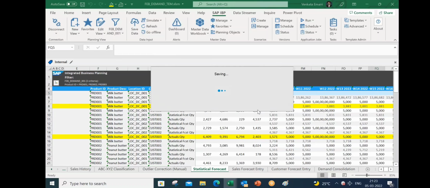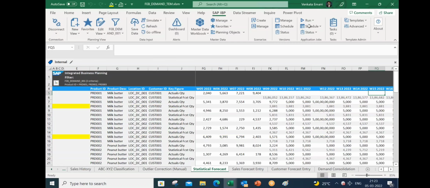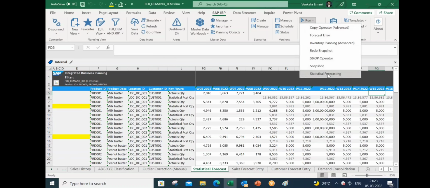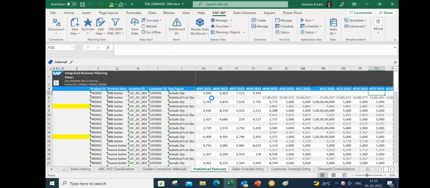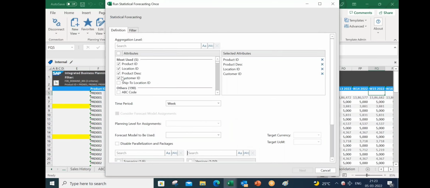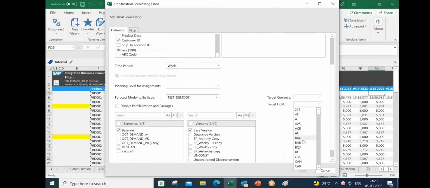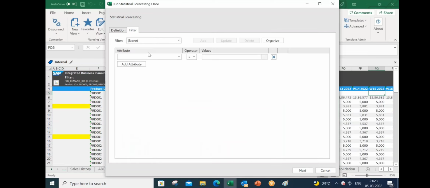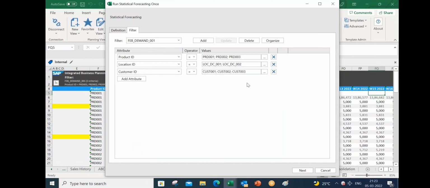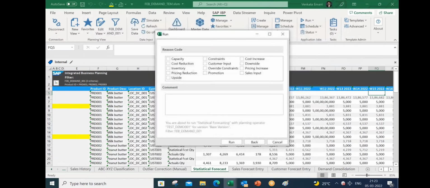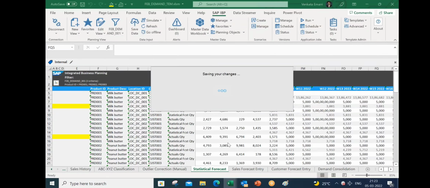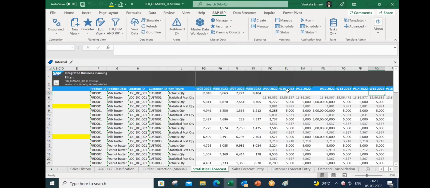Now, since I have removed those buckets, let us quickly run the statistical forecasting.